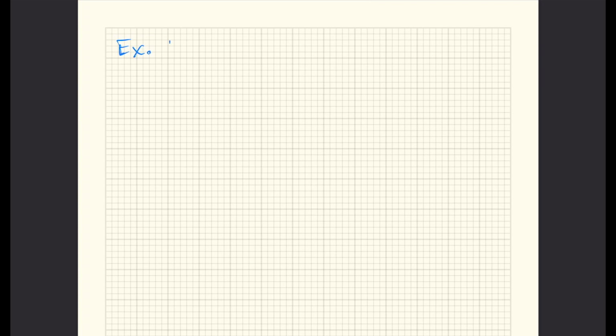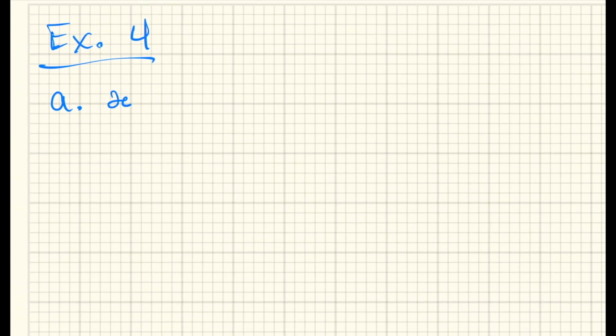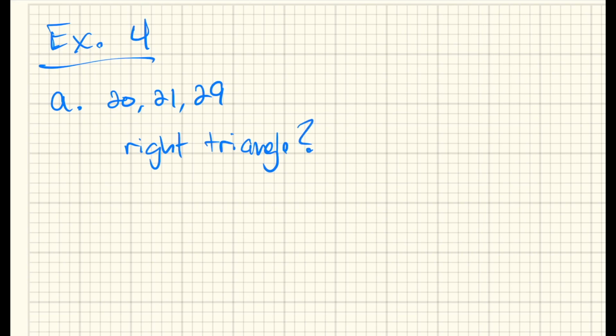So let's try that here with example 4a, where we are told 20, 21, and 29 are the sides of some triangle. And we want to know, is that a right triangle? Well, if it is, it's going to fit the Pythagorean theorem. Again, the hypotenuse is always the longest side, so that has to be by itself on the other side of the equal sign. But we're just going to figure out, is it true that 20 squared plus 21 squared is 29 squared?